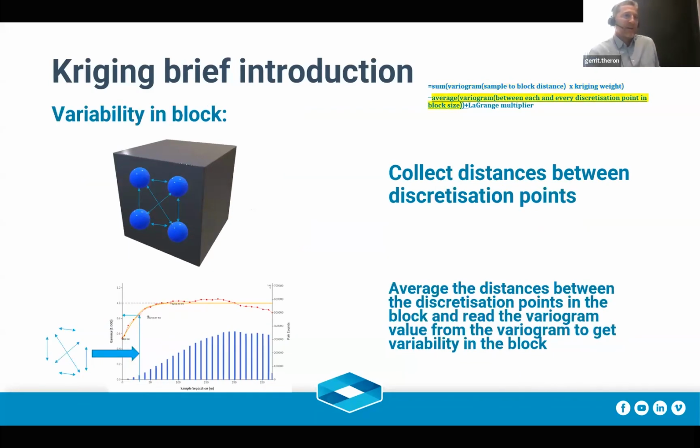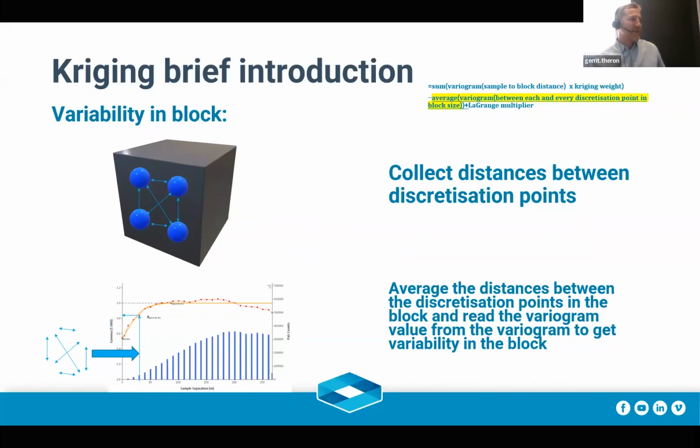For the block variance, we collect the distances between the discretization points. We take all of those distances, we average them, and we read out a variogram value for the variability inside the block. So we can see, if our blocks are all the same size, if we've got parent cell sizes which are consistent across our deposit, then all of these values will be the same for the same block size.